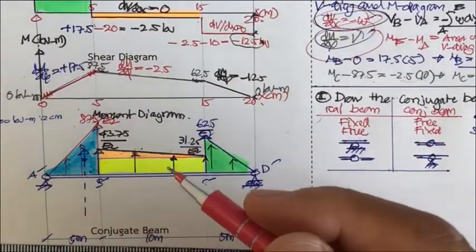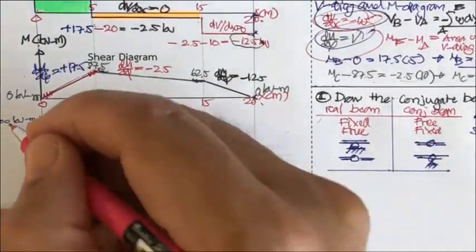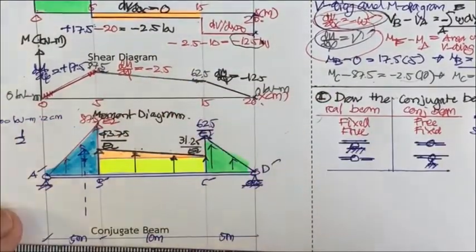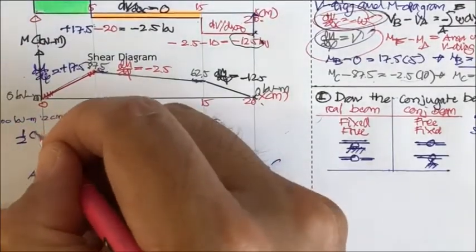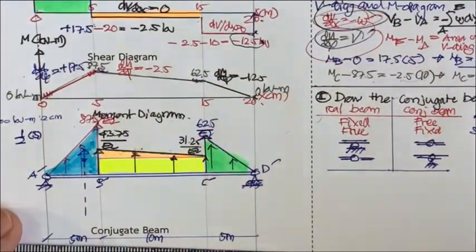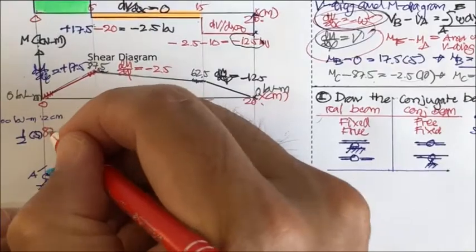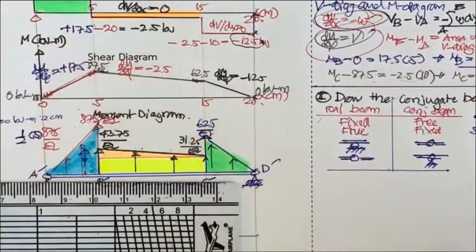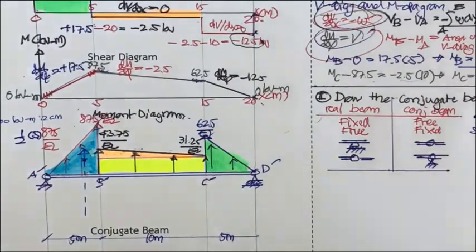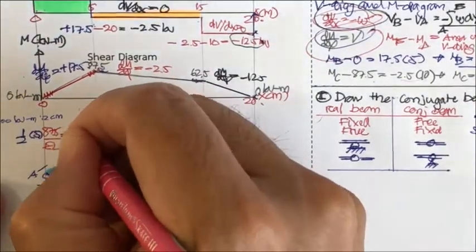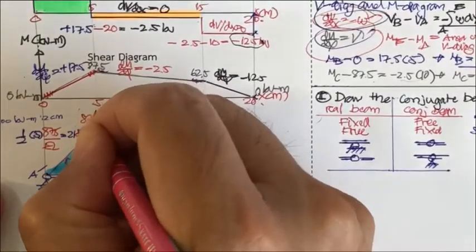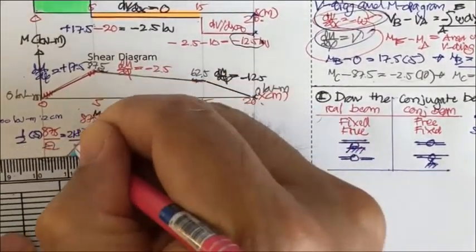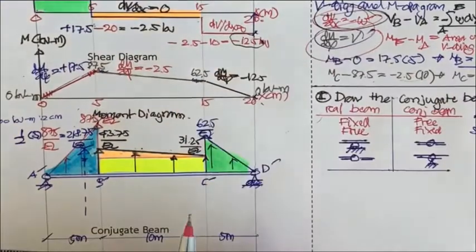And how much for this one? This one is going to be 1/2 of 5, times 87.5 divided by EI. If you push it into your calculator, you're going to get 218.75 divided by EI.